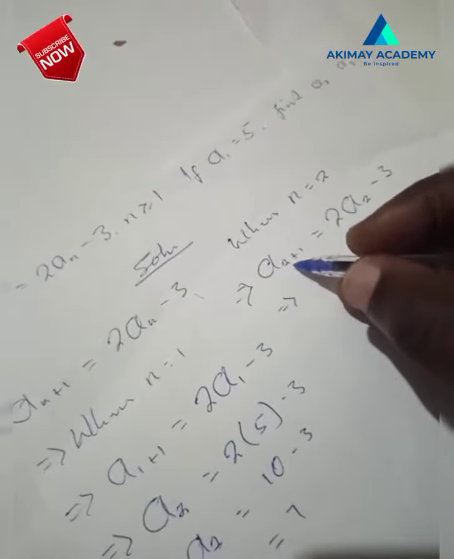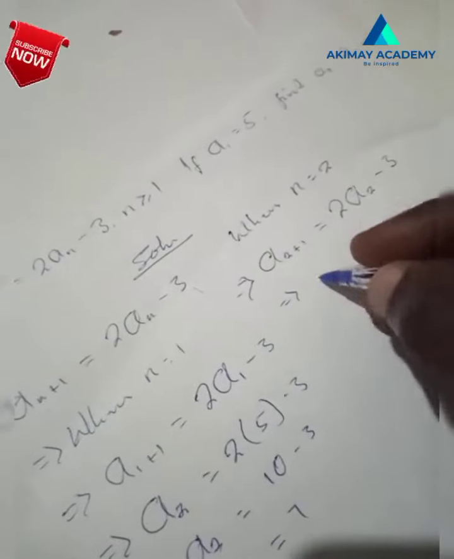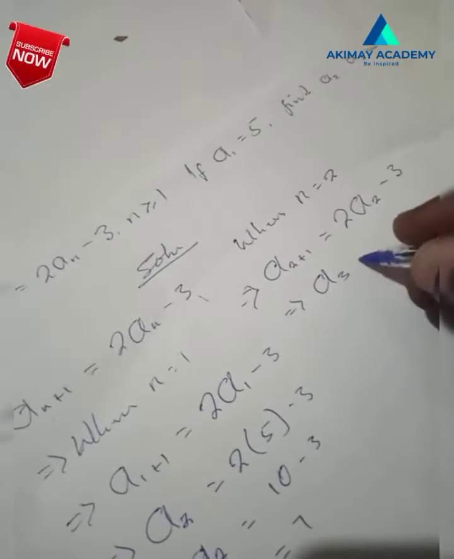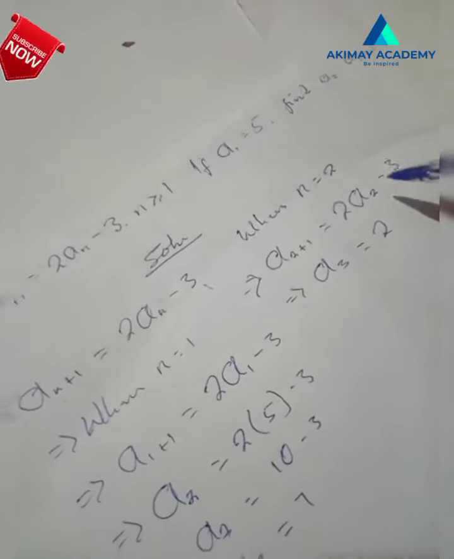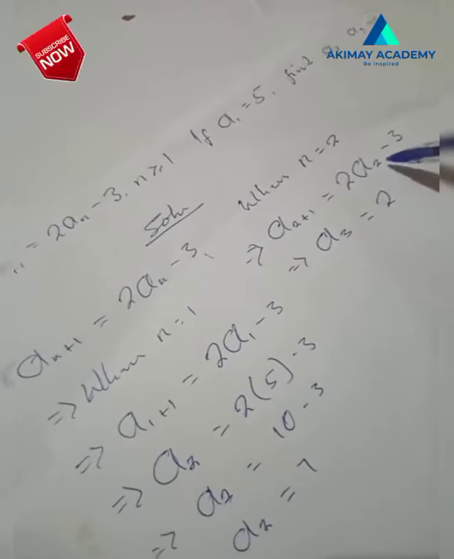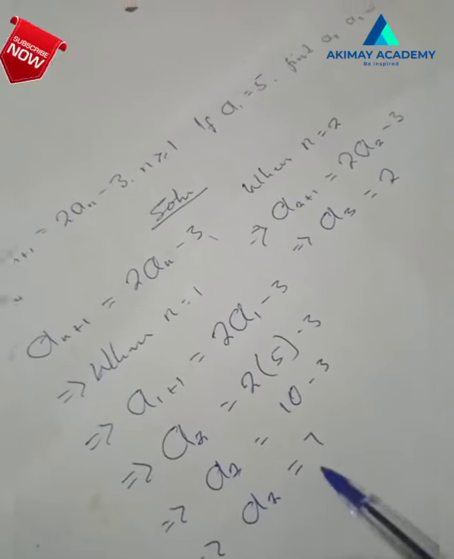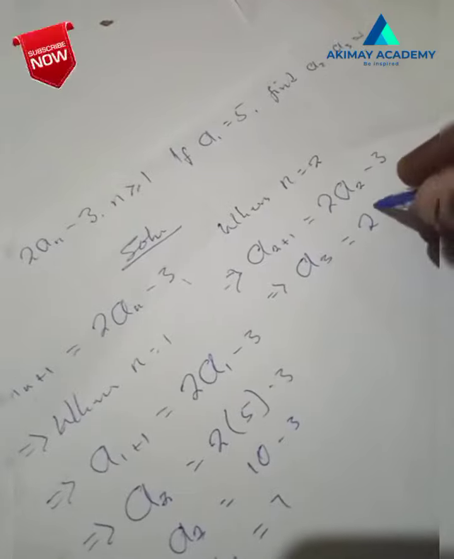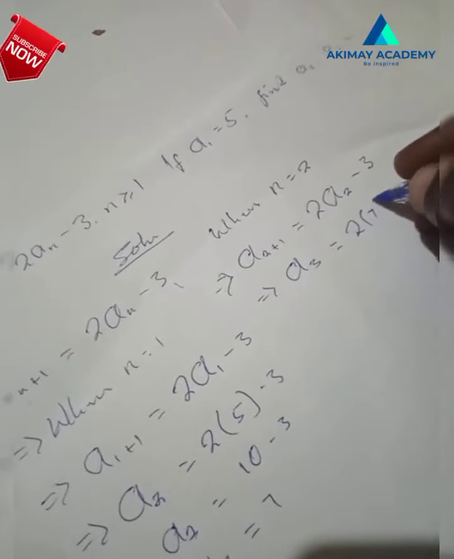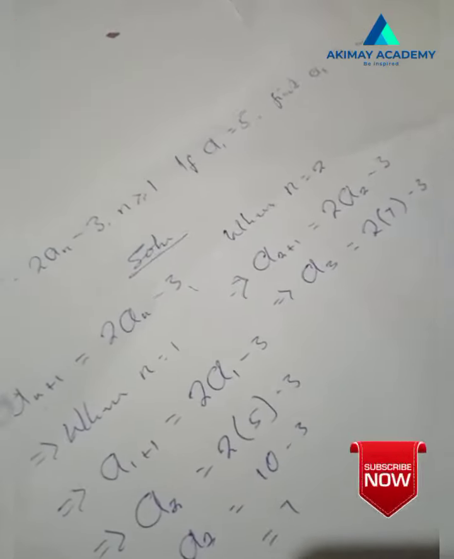We know a subscript 2 plus 1 gives us 3, so we have a subscript 3 equals 2 times, now that we know a subscript 2, which is 7. So we fix in a subscript 2, so we have 7 here minus 3.